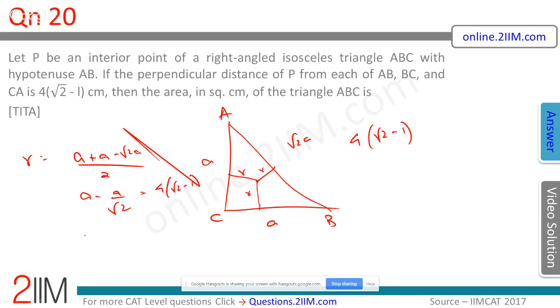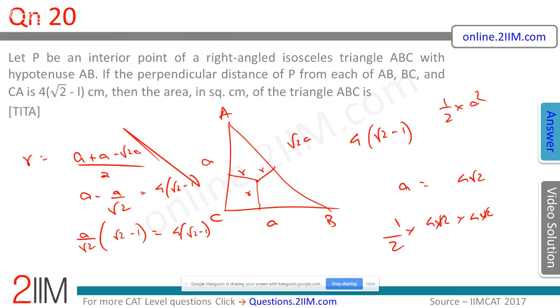So A by root 2 into root 2 minus 1 is 4 into root 2 minus 1, or A is 4 root 2. Then the area in square centimeter of triangle ABC: area is half into A square, 1 by 2 into 4 root 2 into 4 root 2, or 16 square units.